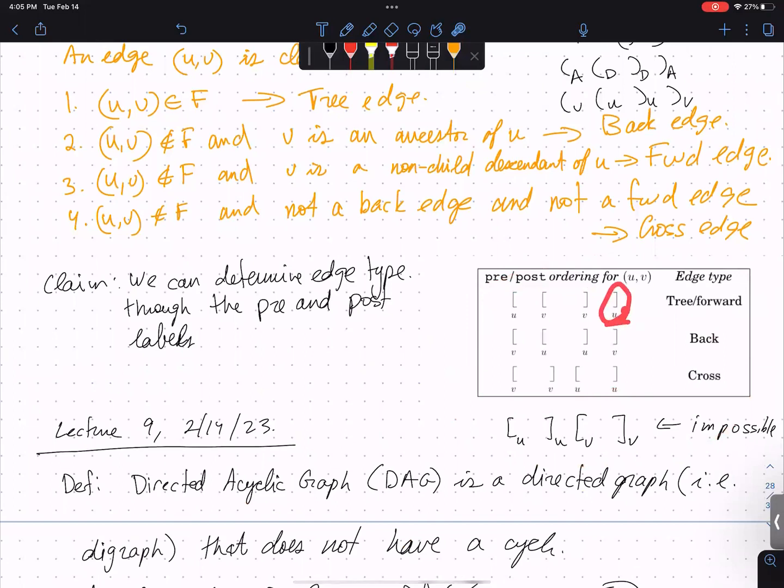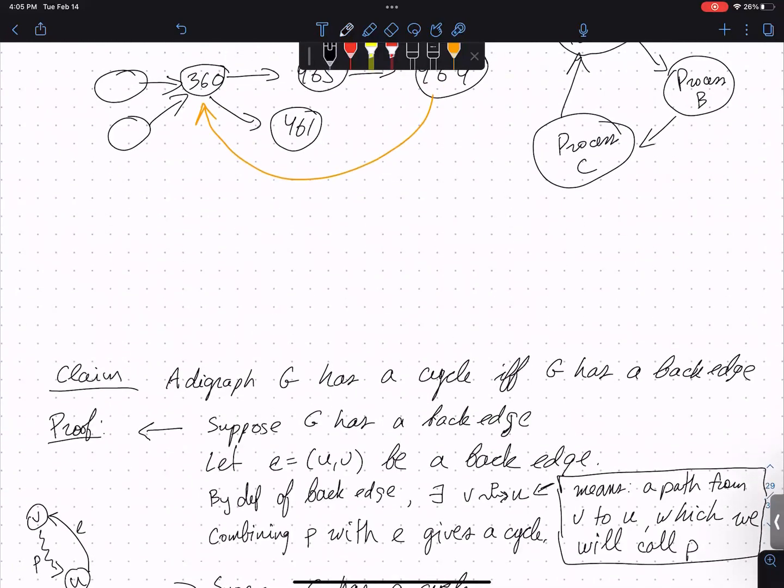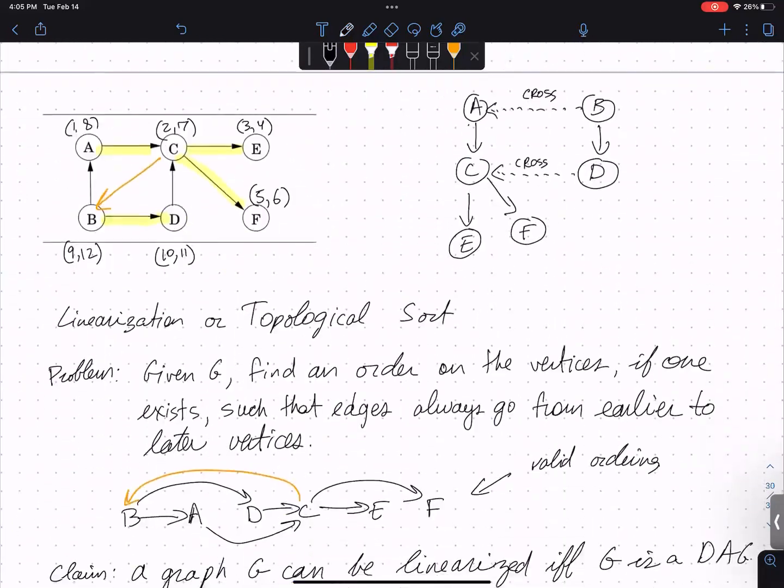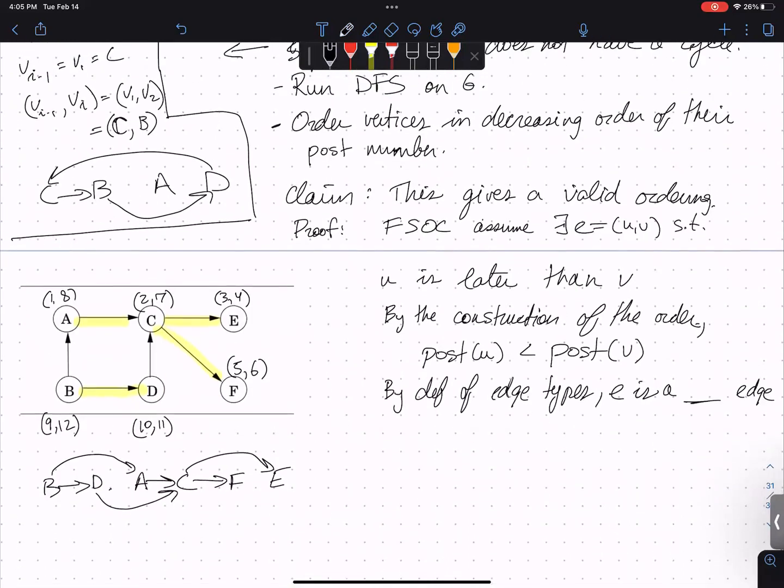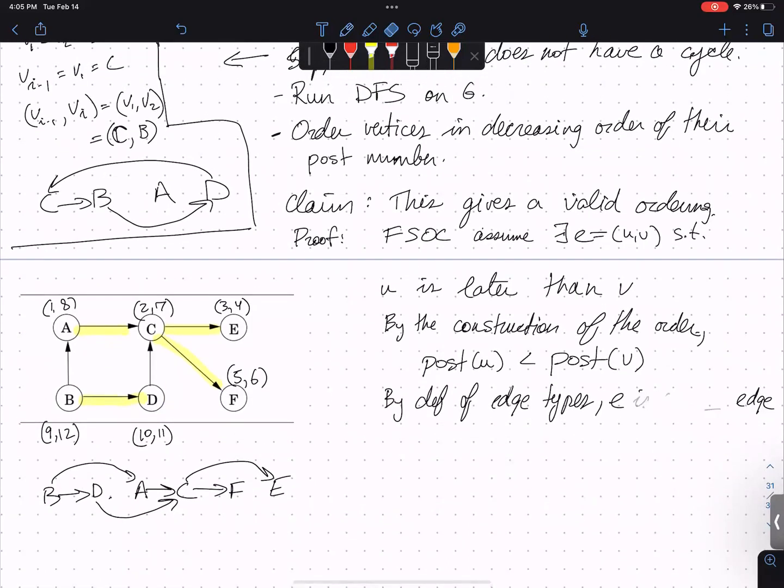Here, the closing of U comes after closing of V. Here, the closing of U again comes after closing of V. And only here does U close before V closes. So this has to be a back edge. This E is a back edge.